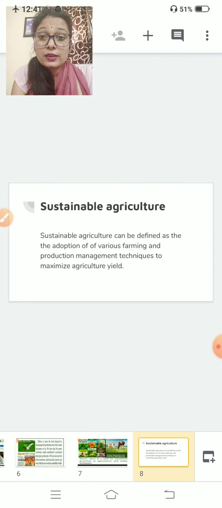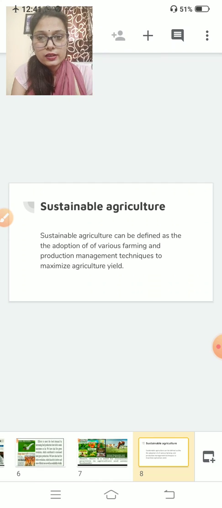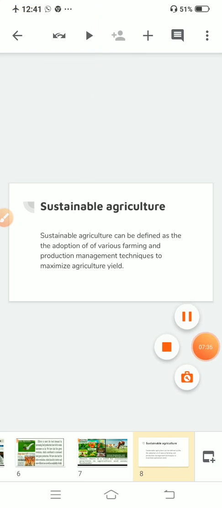What do we mean by sustainable agriculture? Sustainable agriculture can be defined as the adoption of various farming and production management techniques to maximize agriculture yield. So the meaning of sustainable agriculture is that we have to adopt various farming techniques for maximizing the agriculture yield.